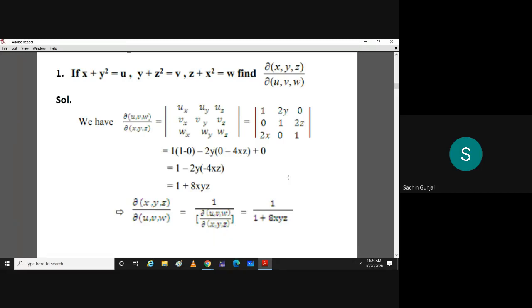Any doubt in this? Sir, we could have also done this directly by finding the Jacobian, right? I mean, that was possible, right? See, you need to write x as a function of uvw. So how do you write x as a function of uvw? x can be written as a function of u and w, and for v, I can just write it as 0.